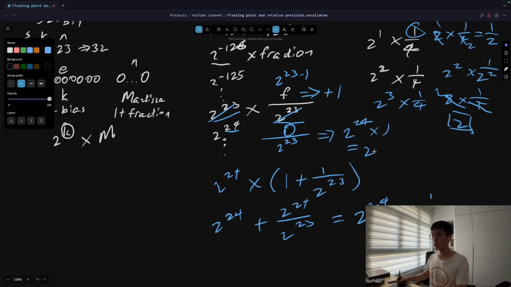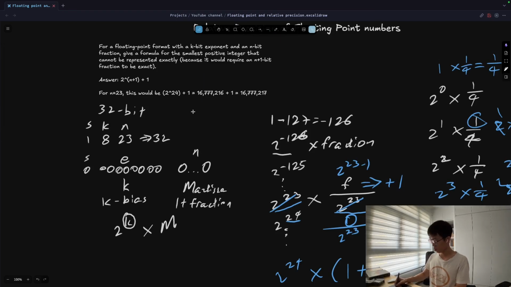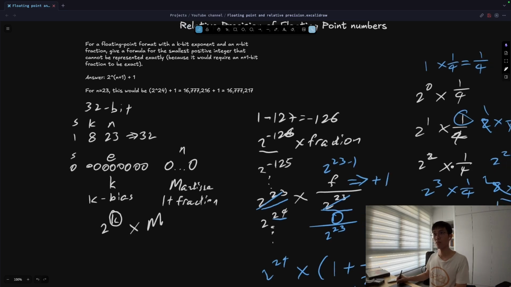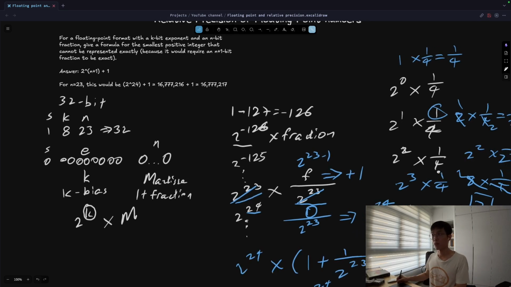The next value is 2 to the 24 plus 2, which comes back to the question here, where the answer is 2 to the power of n minus 1, where n in this case is 23, and even n in this case here is 2. So 2 to the power of 3 is 8 plus 1, 9.